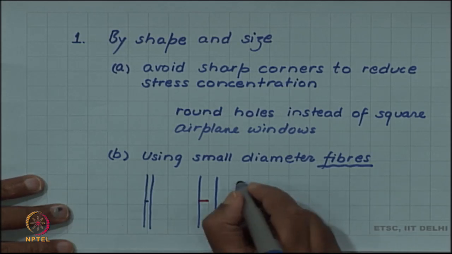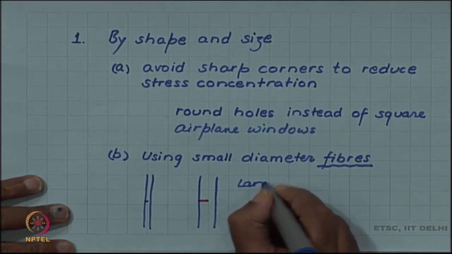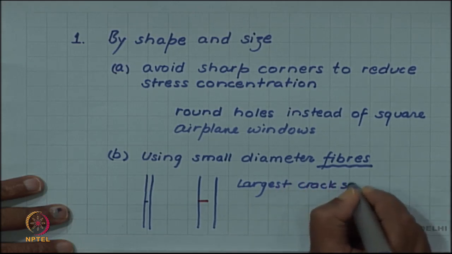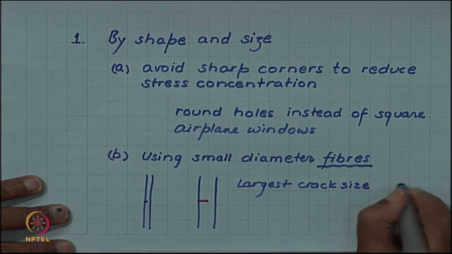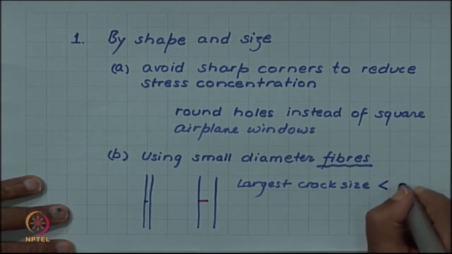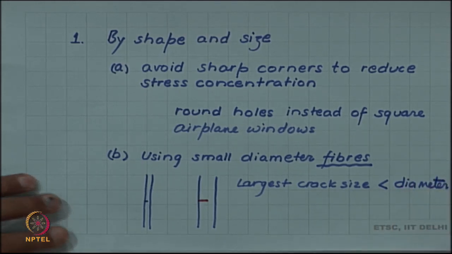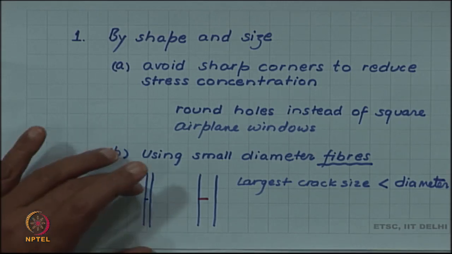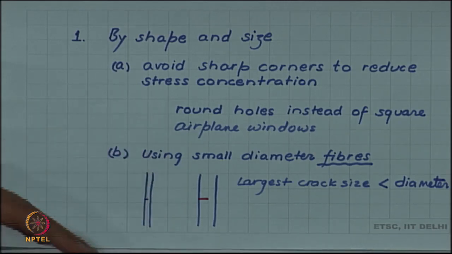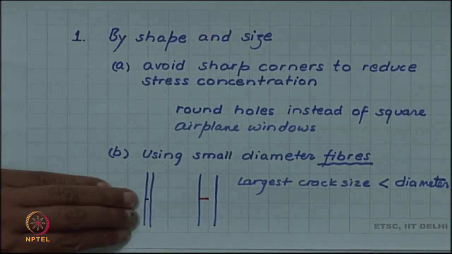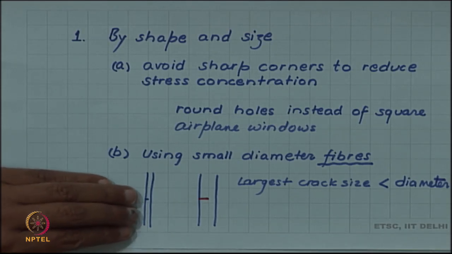In fact, the largest crack size cannot be larger than the diameter. So, the largest crack size has to be less than the diameter. This itself enhances the possibility of resisting the fracture, because thinner fibers, by virtue of their small diameter, ensure that no crack larger than the diameter of the fiber is there.